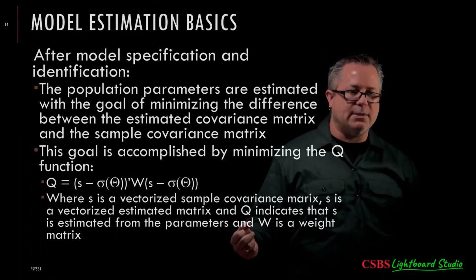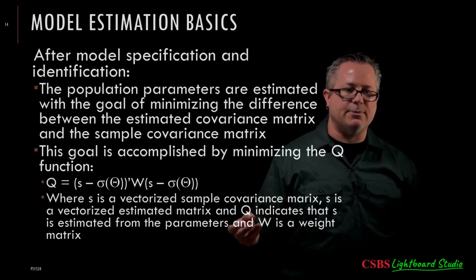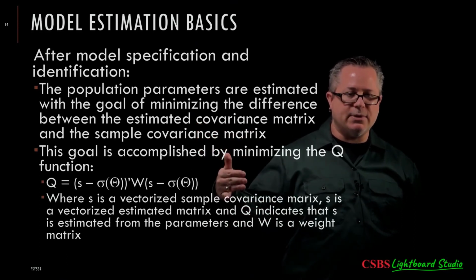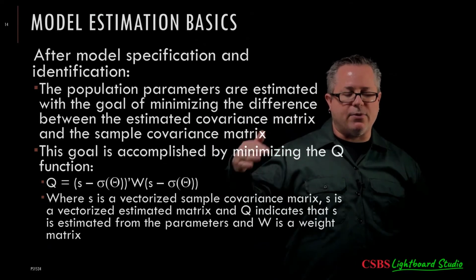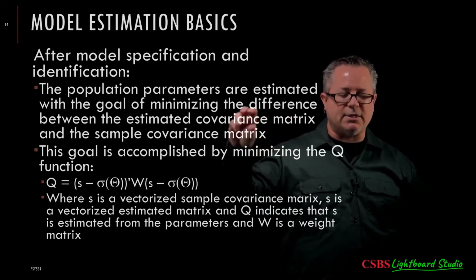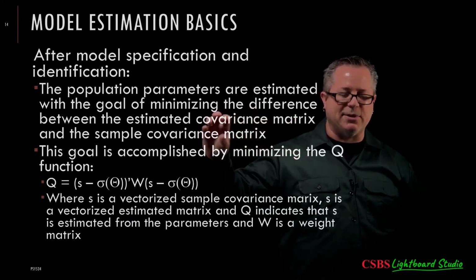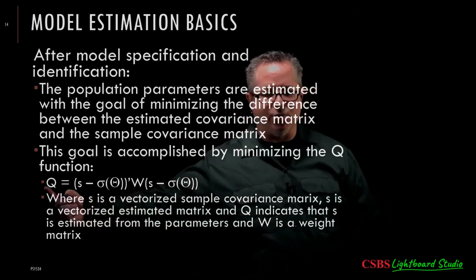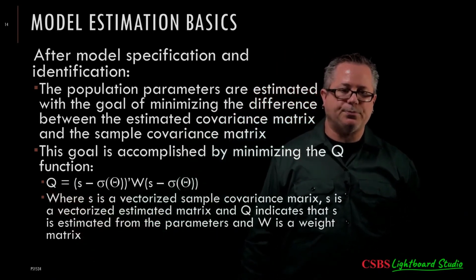This is W for weight. How are we weighting that difference? So the population parameters are estimated with the goal of minimizing this difference. So in the background, we're trying to figure out what estimates, what model parameters can go into the model to make the difference, this Q, as small as possible.